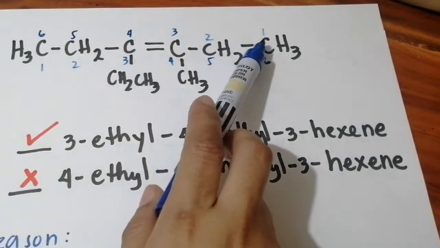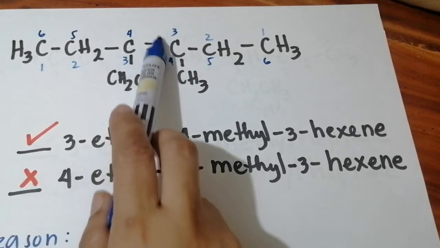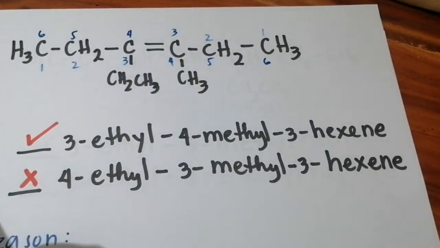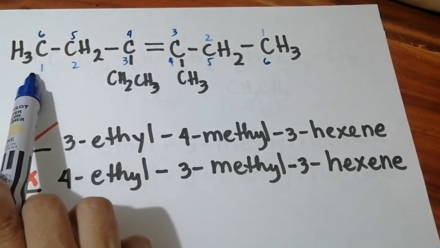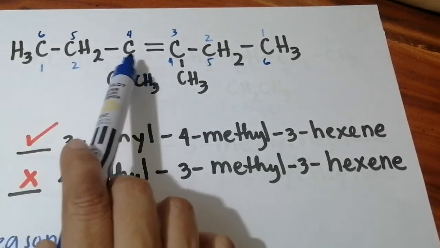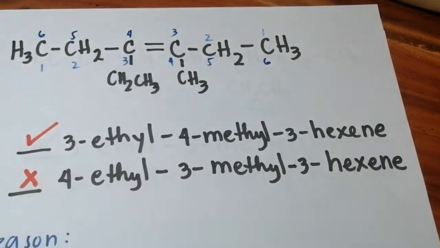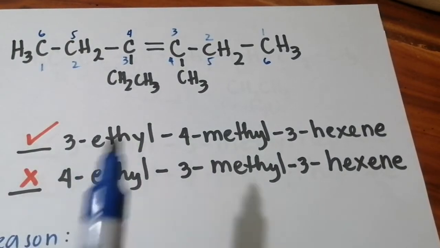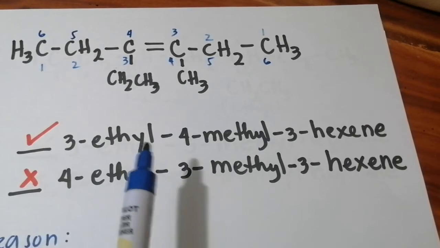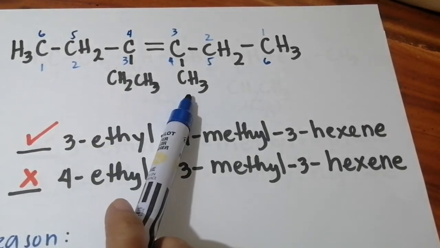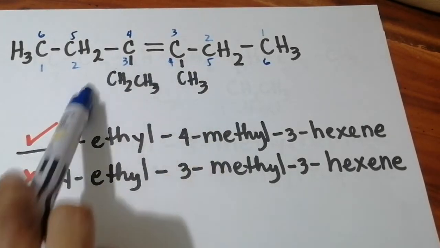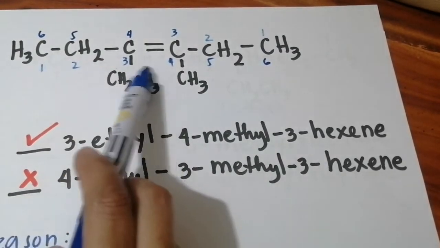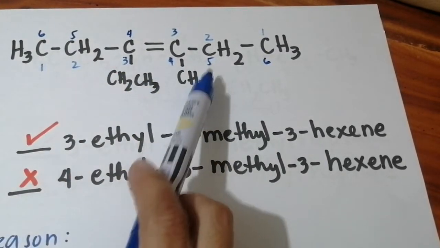If we start from here, the position of the double bond is on the third carbon. If we start from this side, the position of the double bond is also on the third. So either way. But as you can see here, there is also a substituent, and look at this substituent.